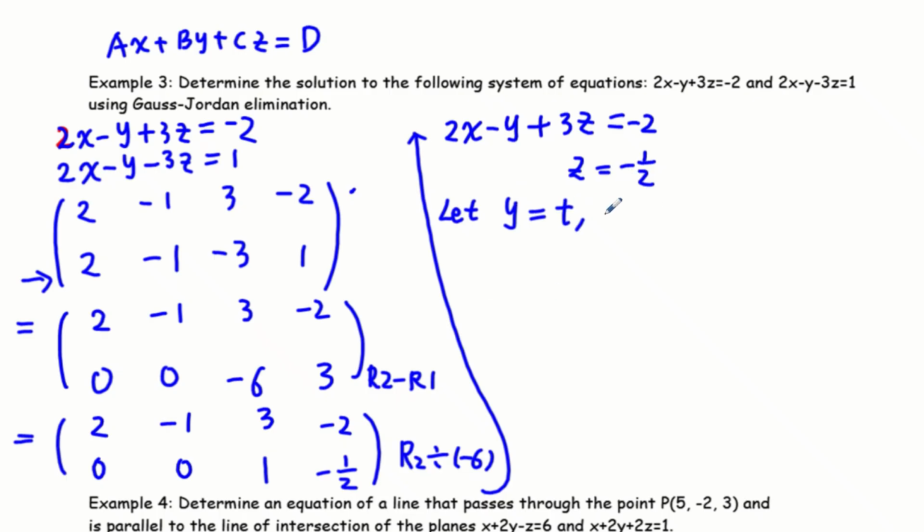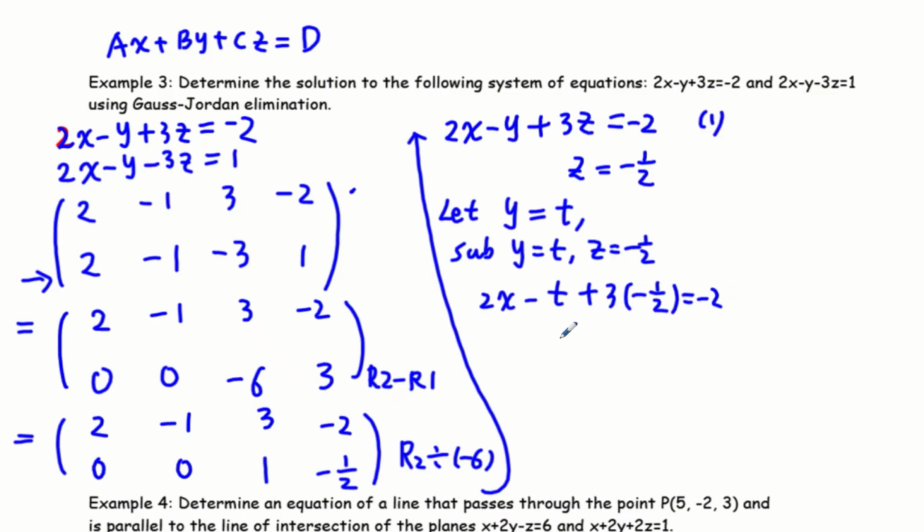Then we sub y equals t, z equals negative 1 over 2 into this equation 1. We are going to have 2x minus t plus 3 times negative 1 over 2 equals negative 2. Then we isolate x. We move everything to other side. 2x equals positive t minus 2.